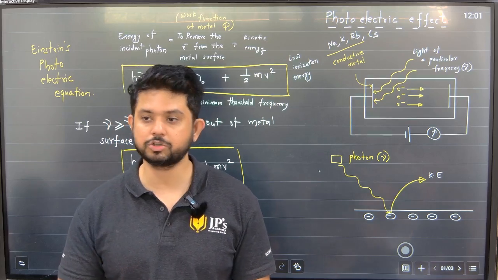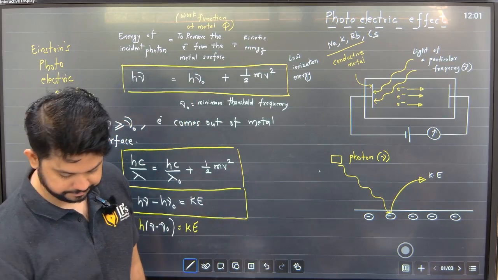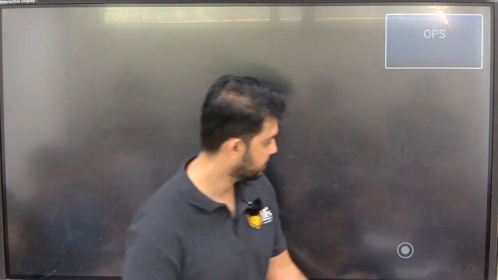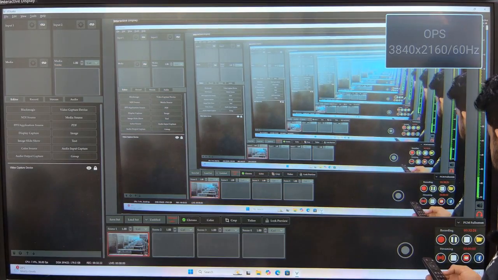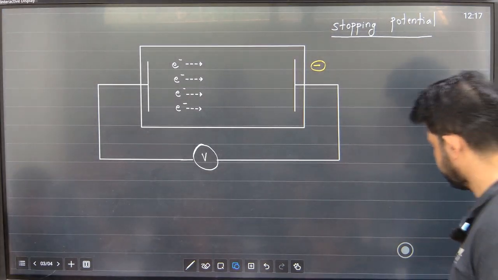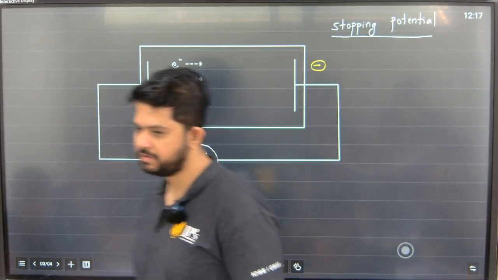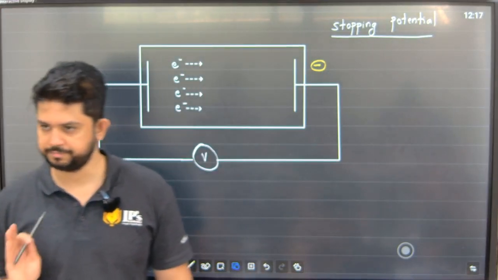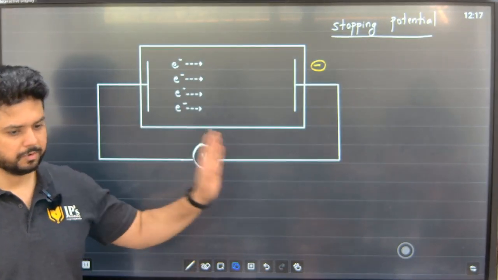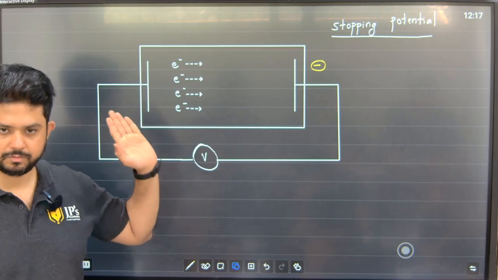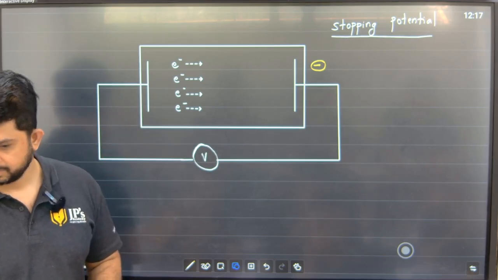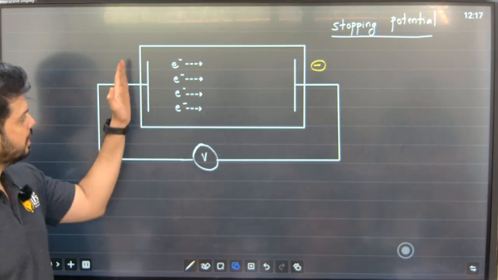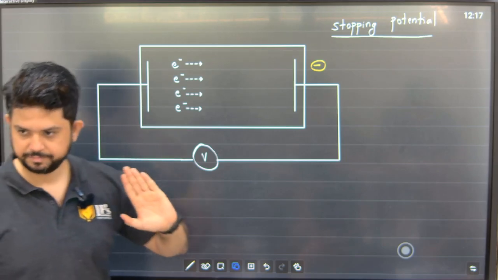a topic called stopping potential. So the next topic that we have to do is called stopping potential. Now let's say we are performing the same photoelectric effect. We know that when light is incident, electrons come out from the metal surface.